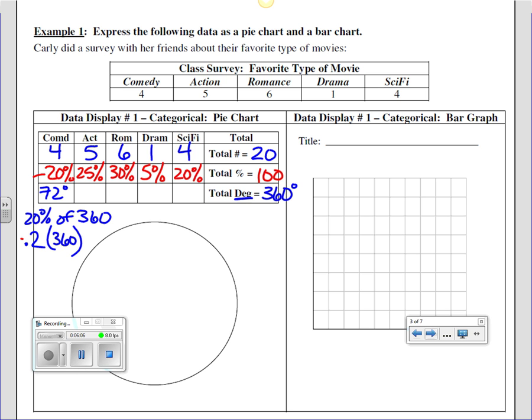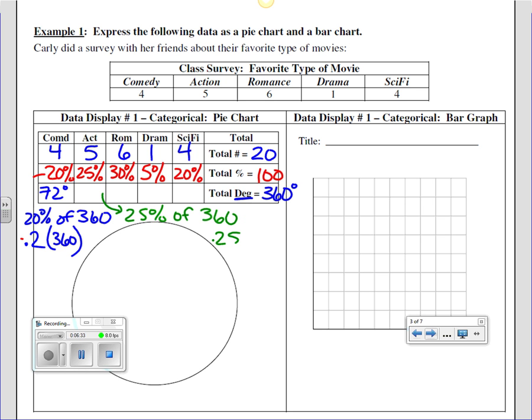All right, for this next one, I would need 25% of 360. So Justin, how would I find 25% of 360? What would I do? Change 25% to a decimal, 0.25. And what does of mean to do?